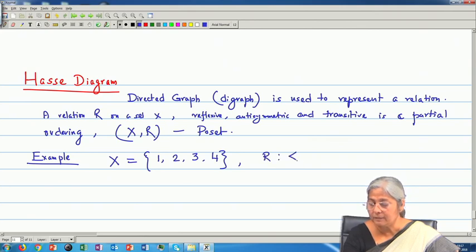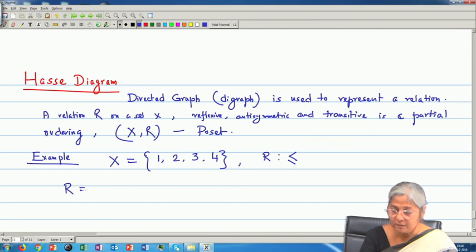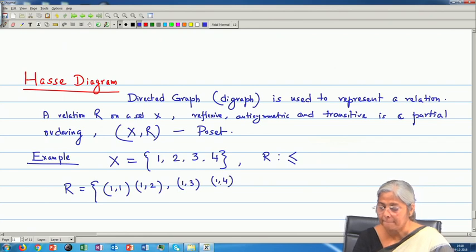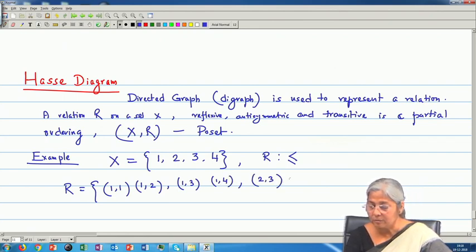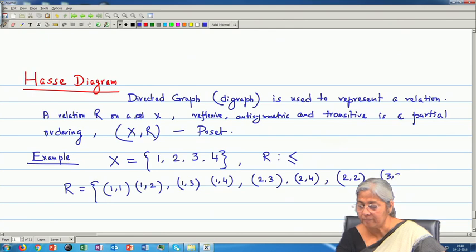If we remember, the relation will be the pairs 1 1, 1 2, 1 3, 1 4, then 2 2, 2 3, 2 4, since it is less than or equal to, then 3 3, 3 4, and 4 4.